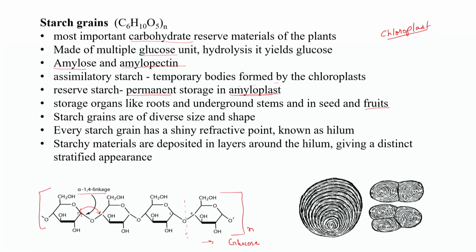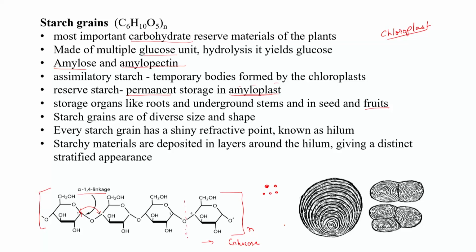Now, these starch grains basically appear granular, because large molecules of starch are joined together to form a grain-like structure. The shape of that grain can vary; they are of diverse shape and size.